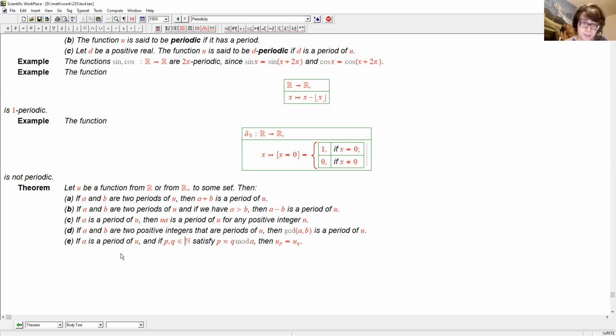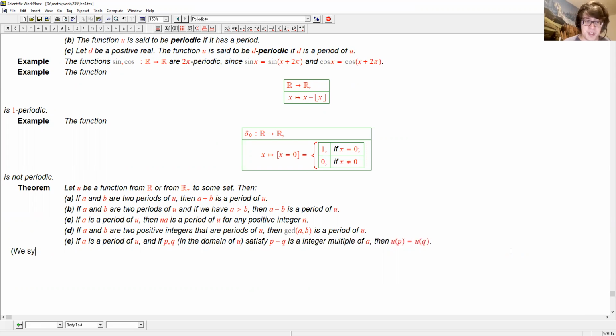And finally, P and Q should now be in the domain of U. U_P, of course, becomes U of P. But more importantly, what does it mean that P is congruent to Q mod A when P and Q are not integers? Well, remember, P congruent to Q mod A means that P minus Q is a multiple of A. And by multiple here we mean integer multiple.